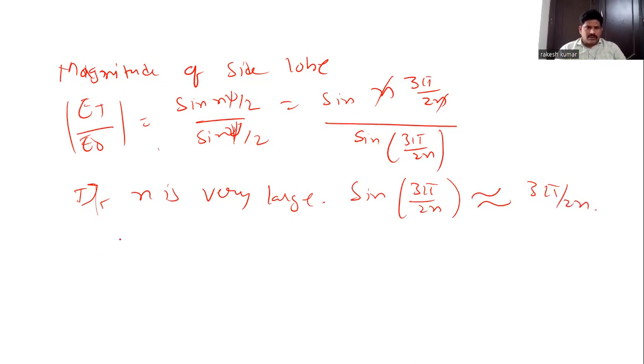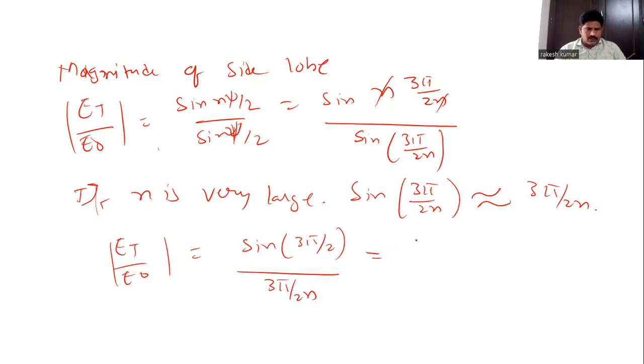Therefore, the magnitude of the side lobe Et by E naught is equal to sin(3 pi by 2) by 3 pi by 2n. The value of sin(3 pi by 2) is 1, so it is 1 by 3 pi by 2n, that is 2n by 3 pi.